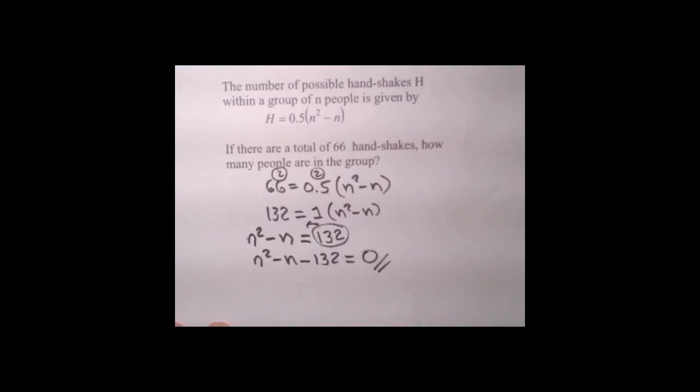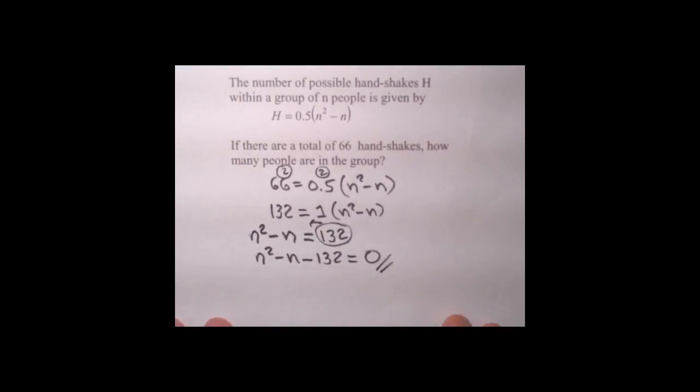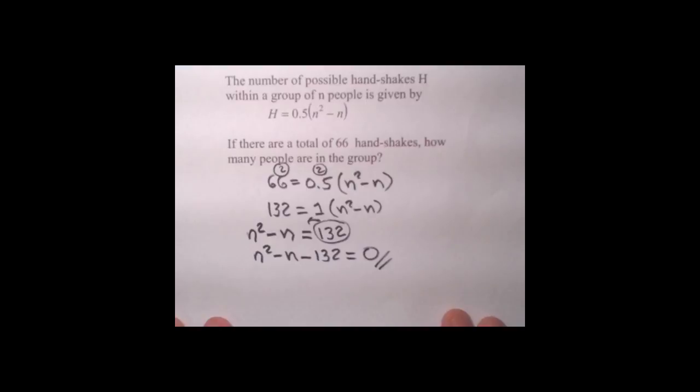Here's the required 0 on the right that we need, so we can play the 0 game to get the roots when we're done. This is a nice little reverse FOIL. We got a plus 1 in front of the n squared. So what I want are two numbers that multiply together to give me 132. The minus sign in front here means I want the difference to be the coefficient in front of the center term, which is just a 1.